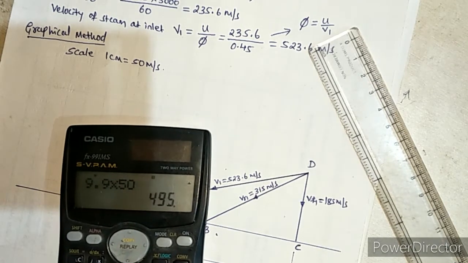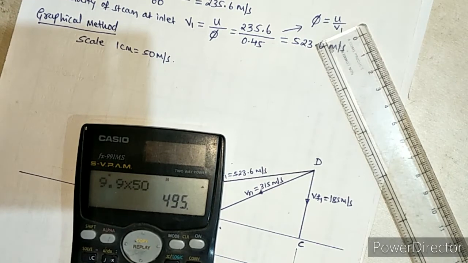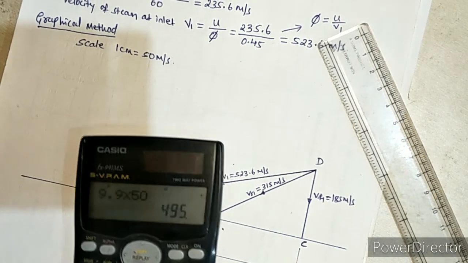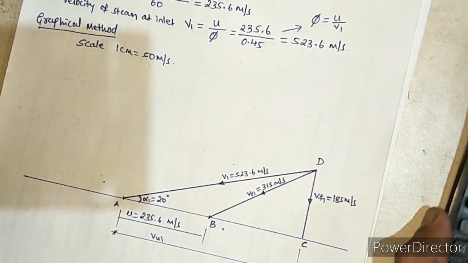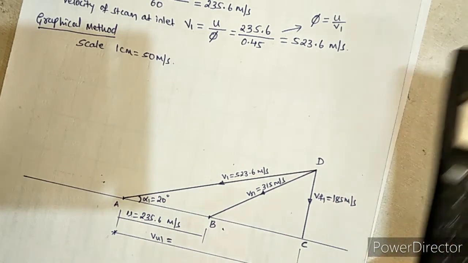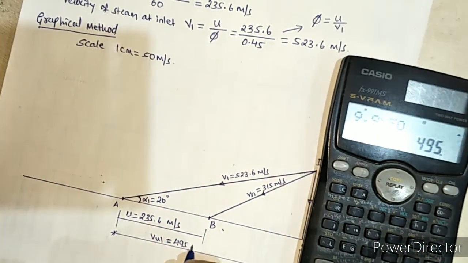So VU1 is equal to 495 meters per second.